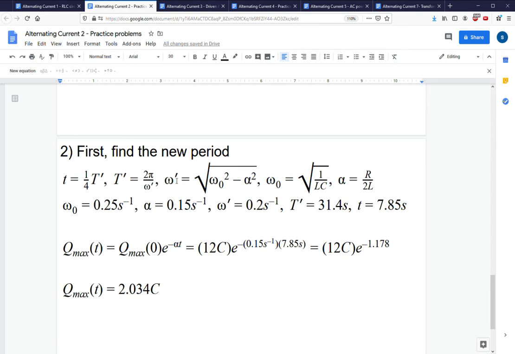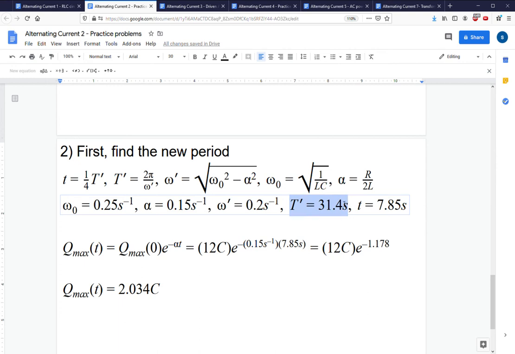This means we can use this formula, omega prime is equal to the square root of omega naught squared minus alpha squared, plug in these values that we just found, and we get that the new omega is 0.2 per second. So with this new omega, we can plug this value into our formula for period, get that this new circuit has a period of 31.4 seconds.